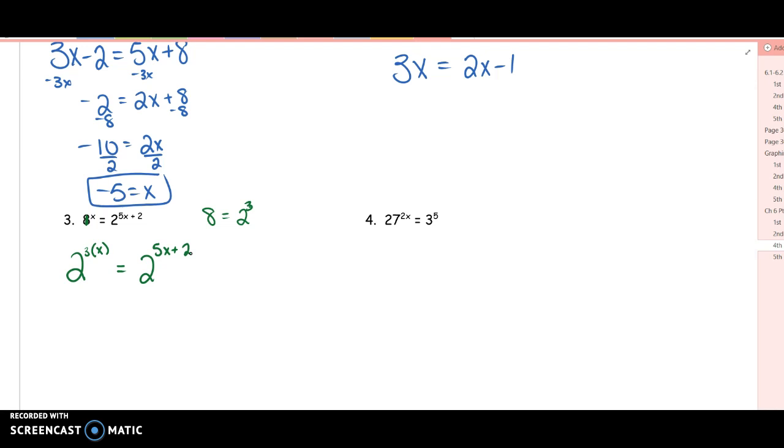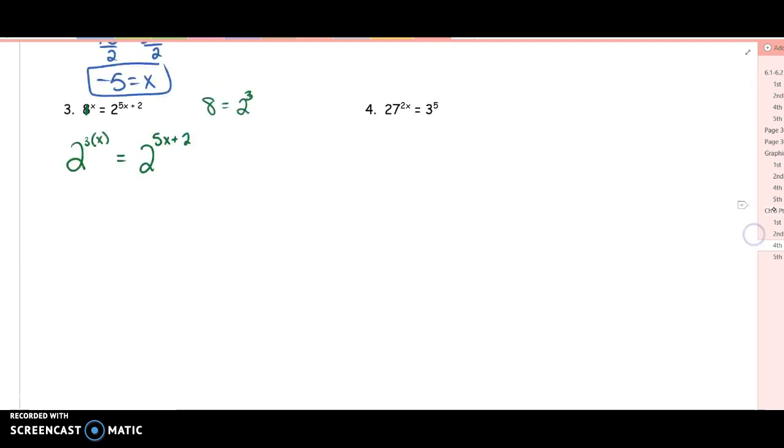So 8 was replaced with 2 to the third. Whatever exponent was originally on the 8, that exponent goes in parentheses right after the 3 that we stuck in there. We changed 8 to 2 to the third. Now the exponents are going to be the same because the bases are the same. We have 2 to the something equals 2 to the something, so those two somethings must be equal. So 3 times x is going to equal 5x plus 2.